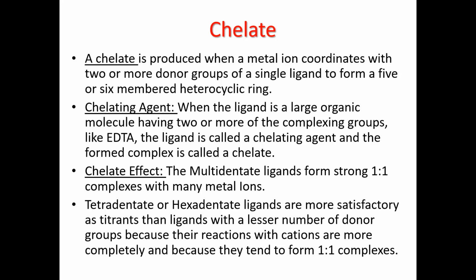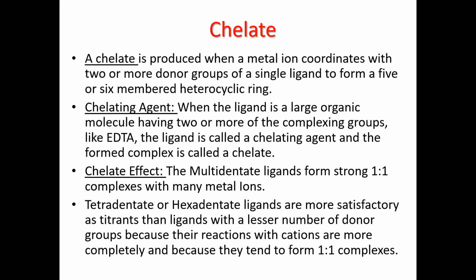So whenever you have 2 or more donor groups of a single ligand forming a 5 or 6 membered heterocyclic ring, you form a chelate. And when the ligand is a large organic molecule that has 2 or more complexing groups, like the EDTA, that ligand is referred to as a chelating agent, and you form a complex that is called a chelate. And the chelate effect occurs when multidentate ligands form strong 1-to-1 ratio complexes with many metal ions.